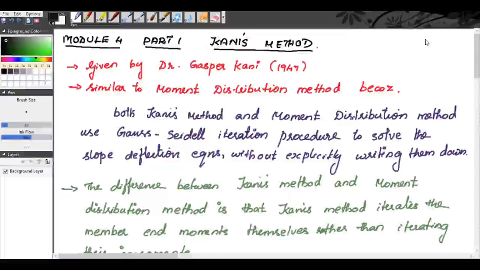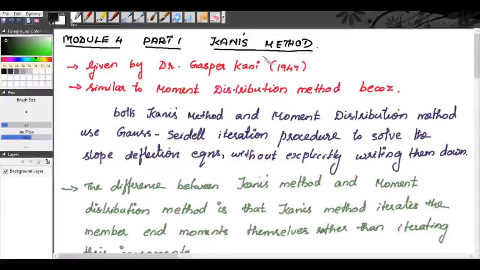Kani's method is also similar to the moment distribution method because Kani's method is also an extension of the slope deflection equation. Kani's method is also an iteration method. So this Kani's method is also called the displacement method of analysis. This comes under displacement methods of analysis.